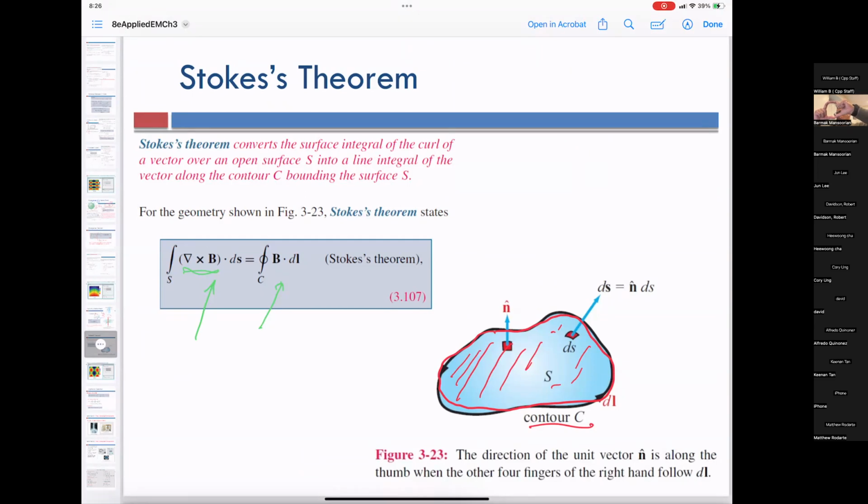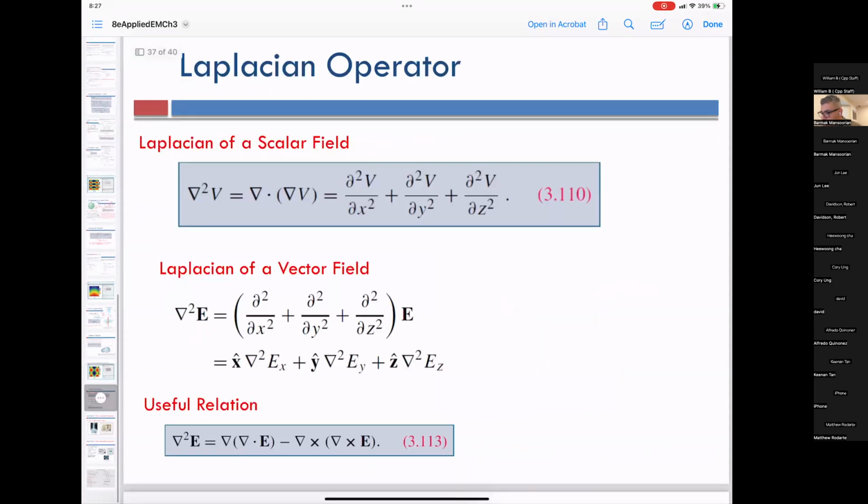That's one surface, but you could also have a rubber sheet bowing out, and it would still have the same lip. Both of those are defined by the same contour defining their lips. So there's a bunch of different ways of defining that.